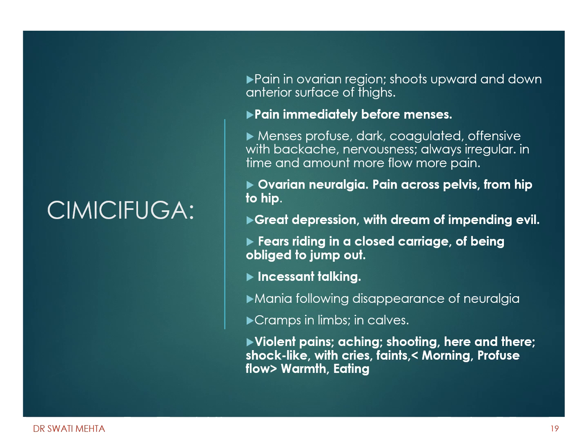So whenever there is mania, the neuralgia or pain disappears. Violent pain, aching, shooting here and there, and shock-like pain, patient cries and faints. Patient is better by warmth and eating, aggravated in the morning. So this is the excellent remedy for endometriosis associated with nervous and emotional symptoms.